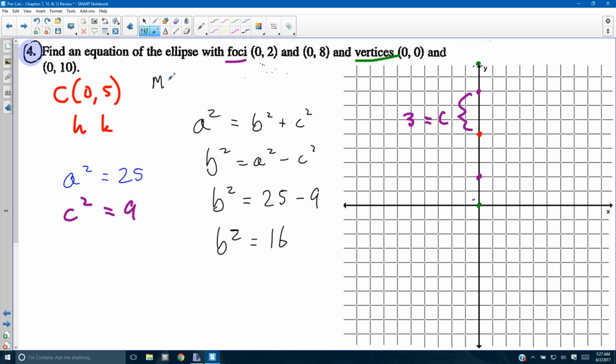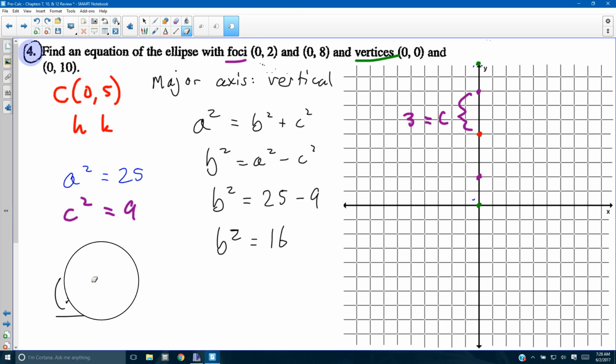Final thing I need to do is state that my major axis is vertical. That's important to know which variable a squared goes under. It's going to go under y because the major axis is vertical. So my center is at 0, 5. So it's x minus 0 quantity squared, which is x squared.